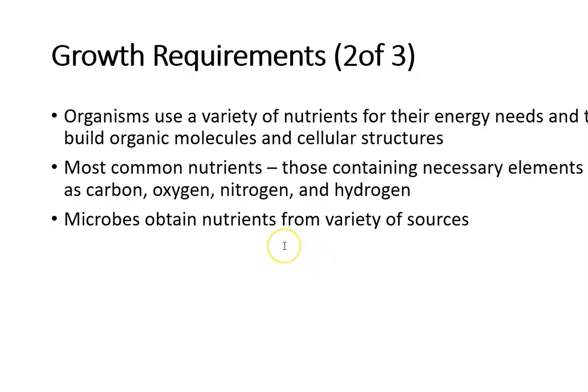All right, so the most common nutrients that we need is CHON. That's how you remember it, CHON: carbon, hydrogen, oxygen, nitrogen. All living organisms require this because you have to be able to breathe and you've got to make proteins and that sort of thing. That's what these elements are in.